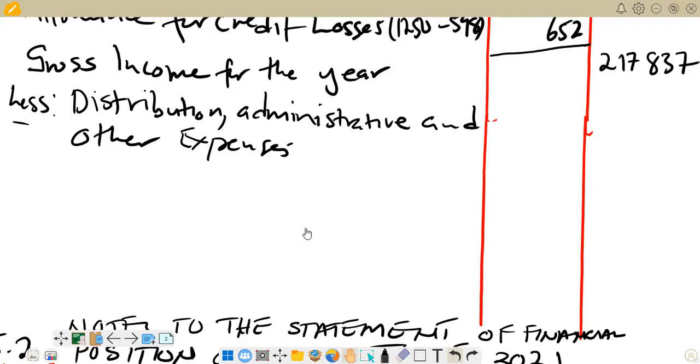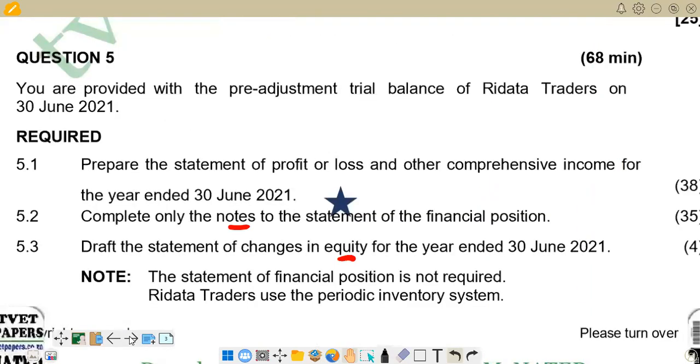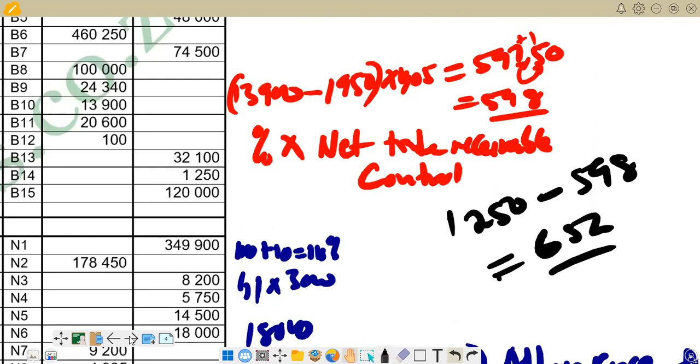So if you go down there, you would see that we are going to check the expenses that we have, and the expenses that we have are listed there under the nominal section. So we are just going to go one by one to check the expenses that we have.